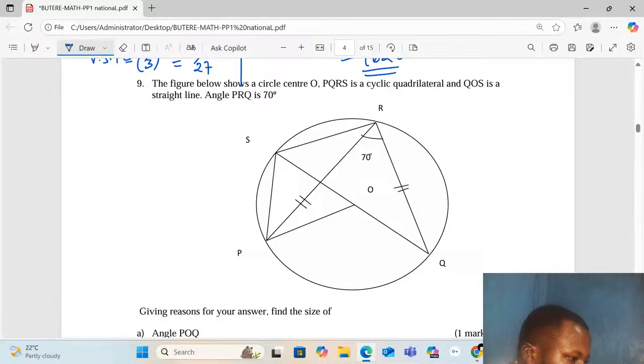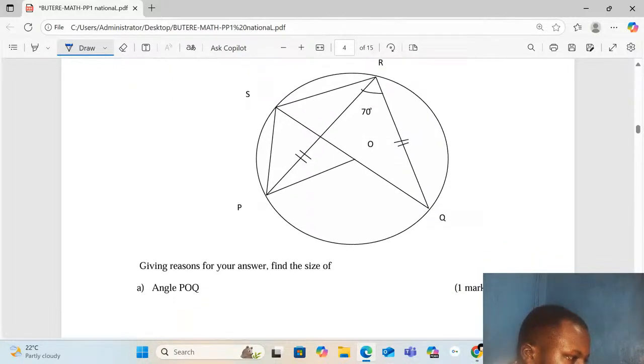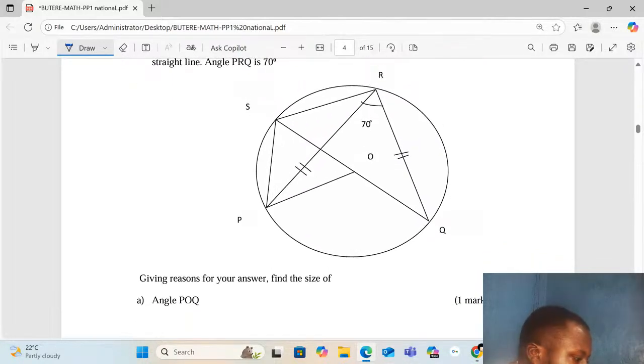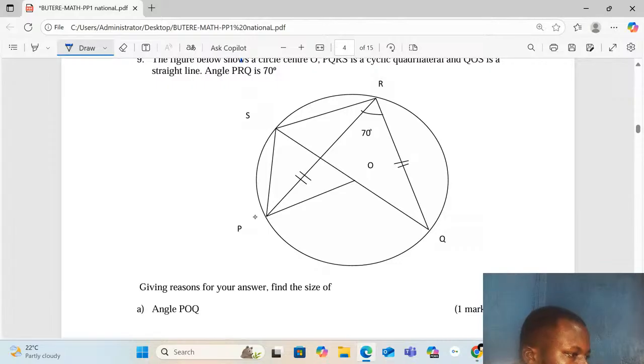Giving reasons for your answer, find the size of angle POQ. POQ, this angle. Now you can see this triangle.